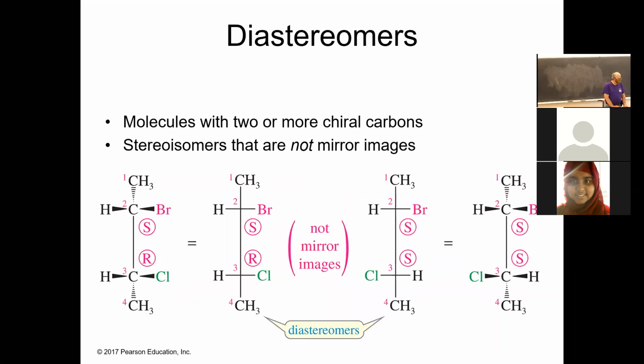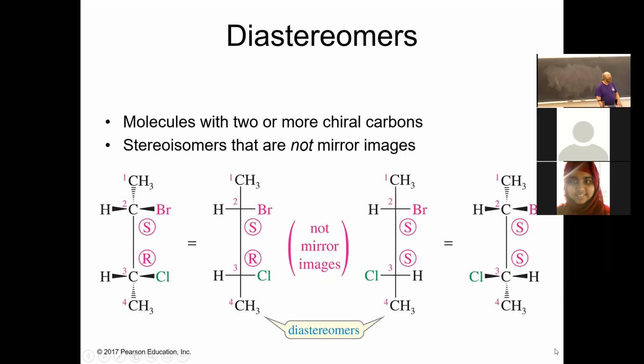Okay, so diastereomers are not mirror images. In this case, we have two pairs of enantiomers. These are all optically active. These are mirror images of each other. These are mirror images of each other. Or wait a minute, sorry.